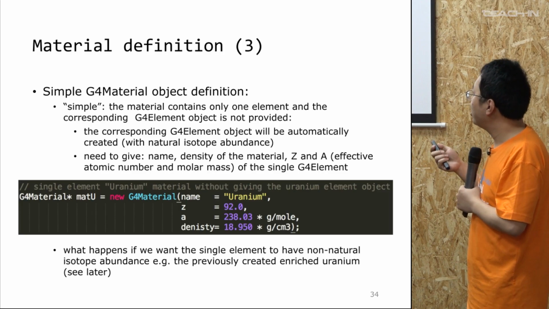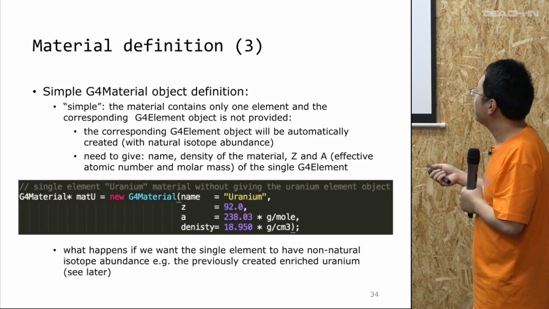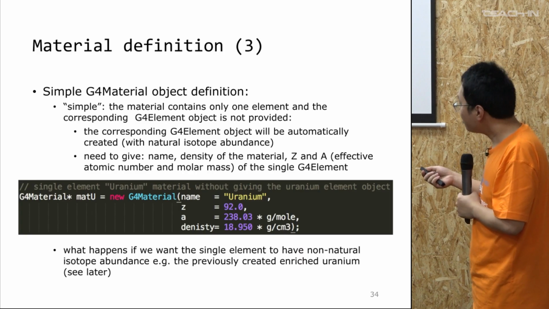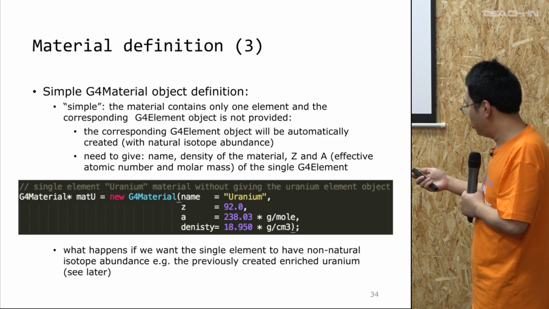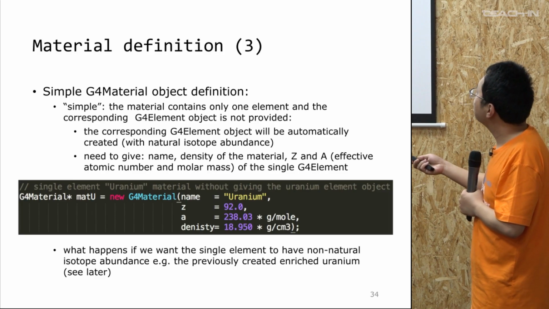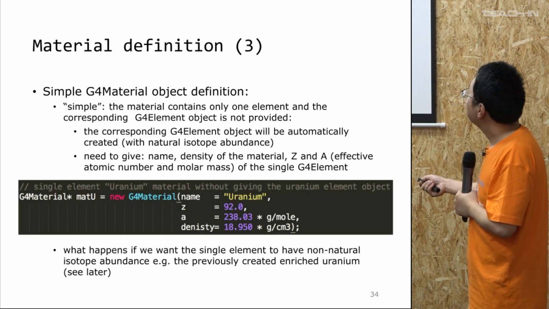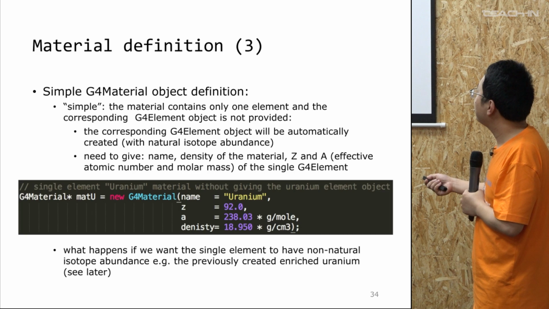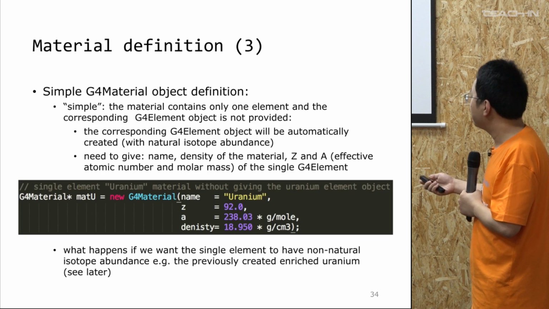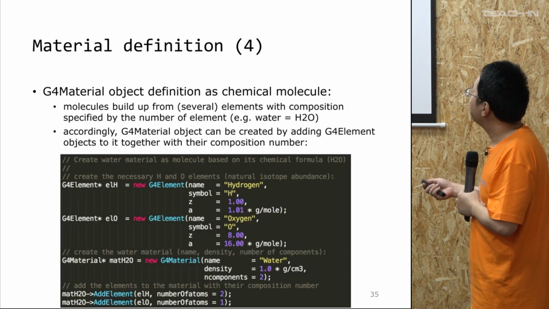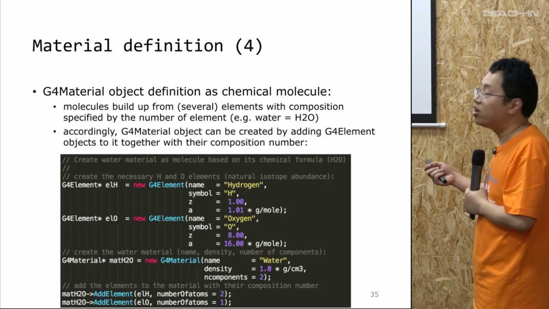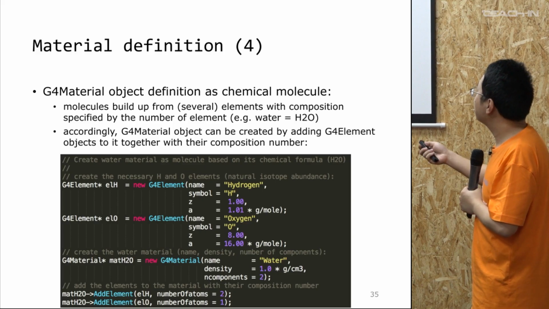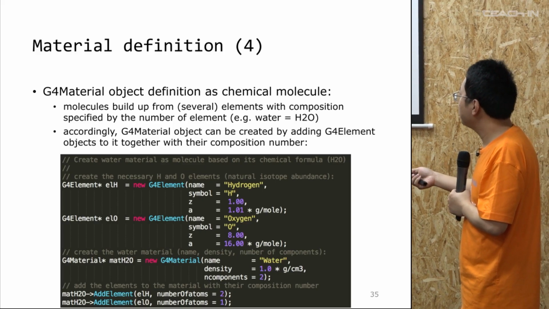After you have all these elements, you can construct the material. For a simple material, you just define the material and use the element you want to use. This is a very simple example: it defines uranium, and you specify the Z and A and also the density. You can also define chemical compounds, like water here.